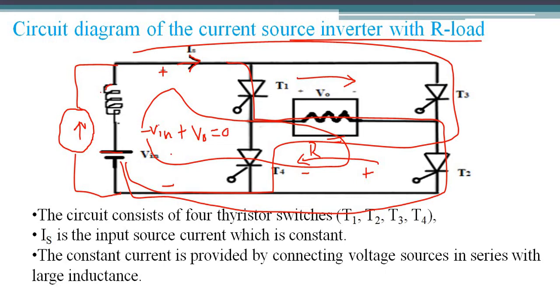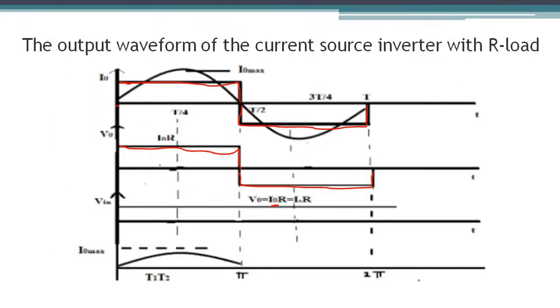From this, Vin is equal to V0. So whatever voltage appears for V0 is the same as Vin.